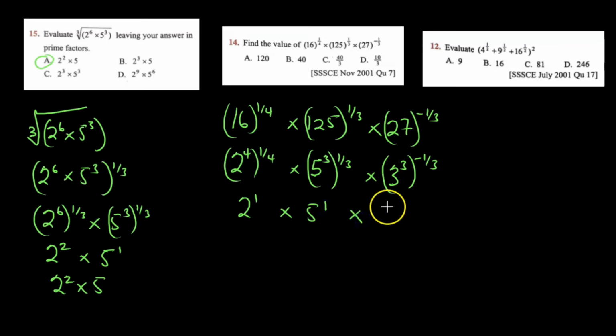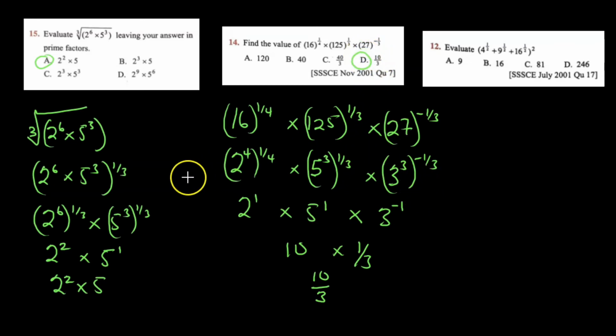Then 3 multiplying negative 1/3 will be left with 3 to the power negative 1. Mathematically, as you know, when you have a negative exponent, you can write it in fraction form. So we have it as 2 times 5, which is actually 10, times 1 on 3, which is the same as 10 on 3. So our possible answer is D.